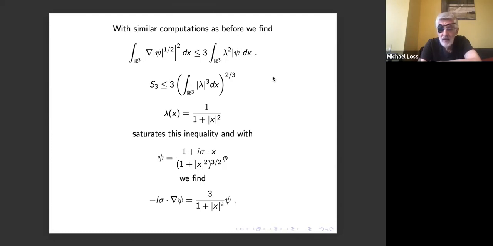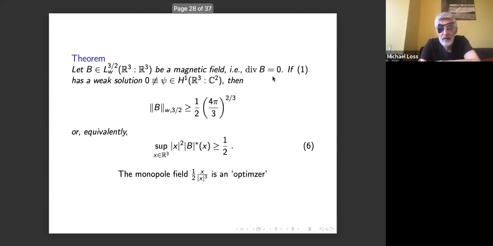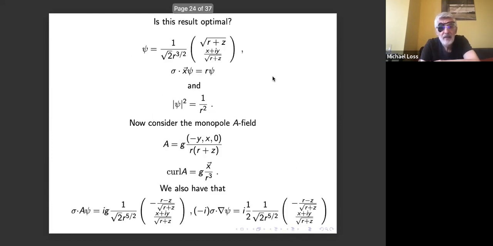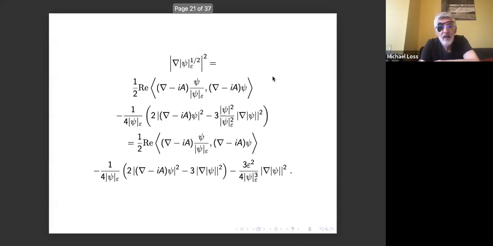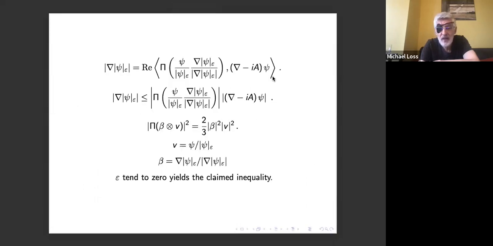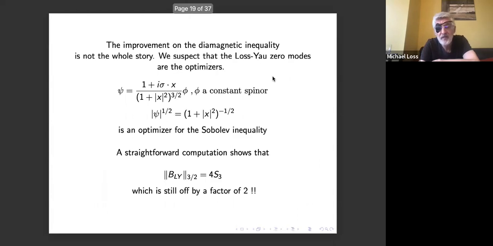Remember, you had this nice diamagnetic inequality, and you think that's the end of the story, but you can still improve. And the funny thing is that somehow the modulus to the power 1/2 has to do with the Sobolev inequality. So there are too many accidents happening. These things are all closely related.